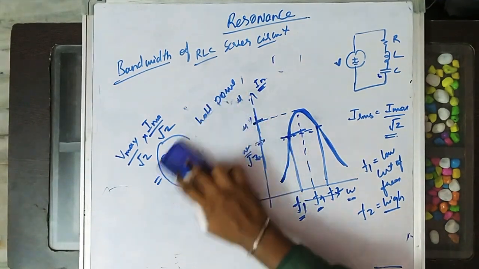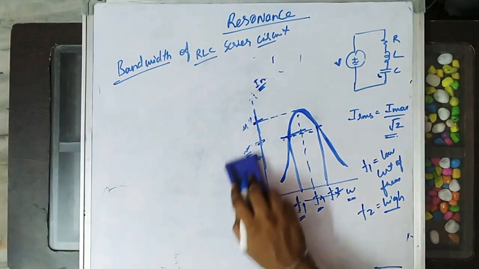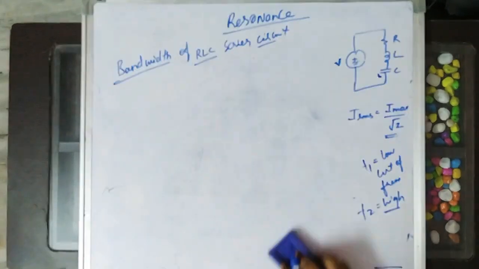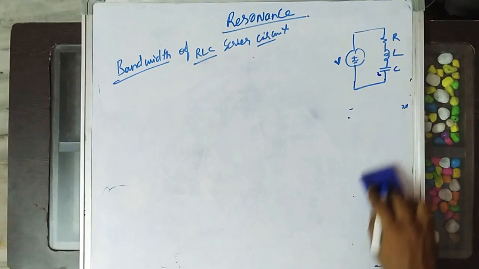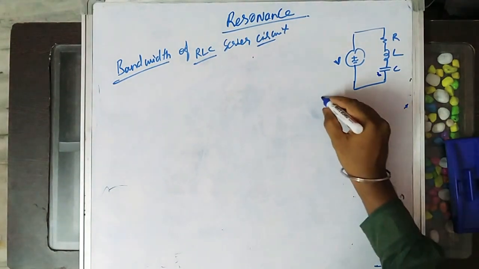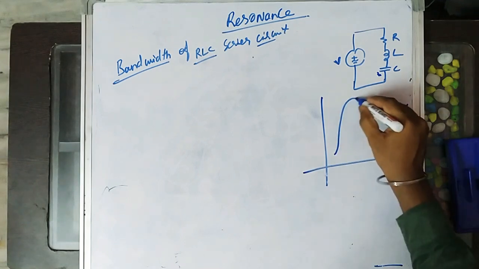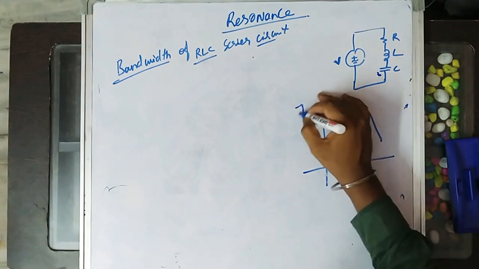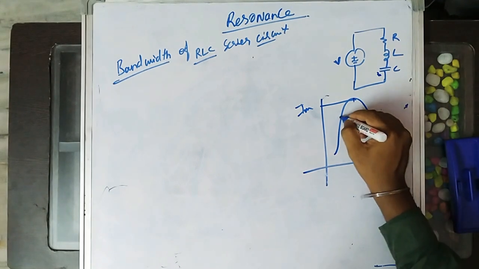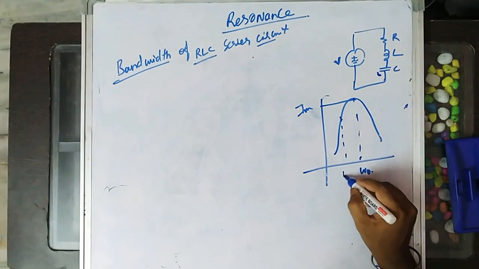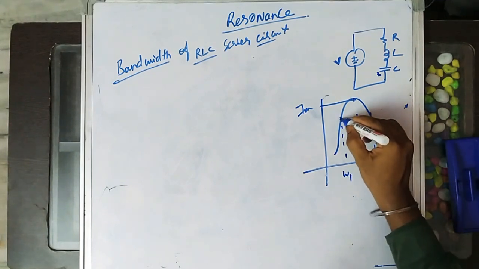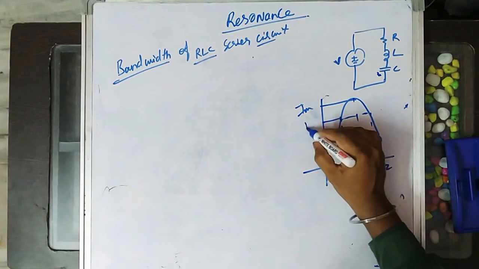Now, keeping in view that bandwidth is related to the resonance frequency, if you take this current Imax, we'll take omega naught as the resonance frequency, and omega 1 and omega 2 as the lower cutoff frequency and higher cutoff frequency.